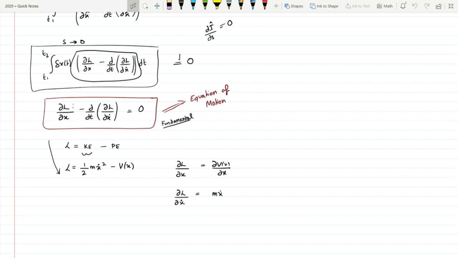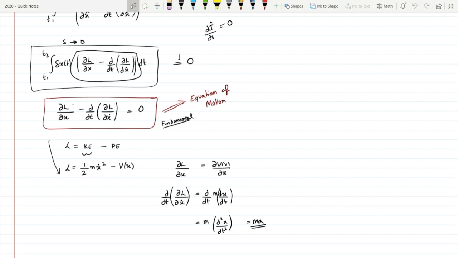But our equations tell us that it's not just enough to take the derivative of our Lagrangian once. You have to take this and differentiate it with respect to time. So the time derivative of this thing is what we're interested in. And what is that? Well, it's d by dt of m times dx over dt, right? Which is m times d squared x over dt squared, which is m times a.